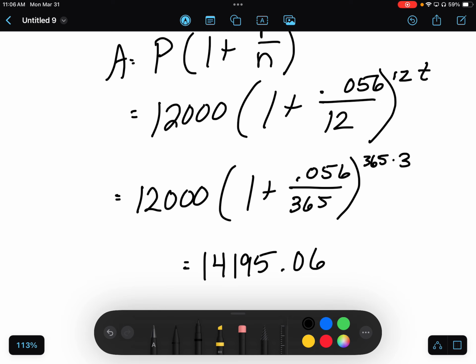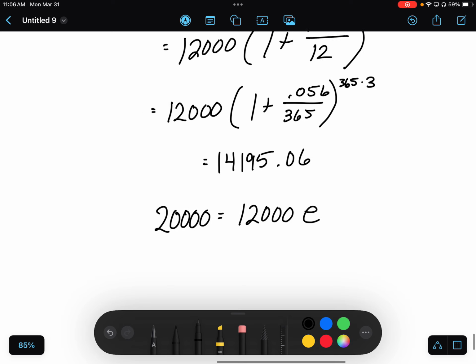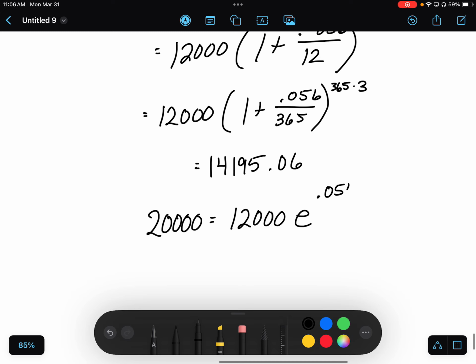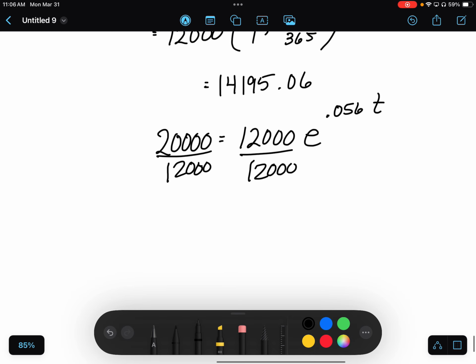Part C, how long will it take for the amount to go to 20,000 if it's compounded continuously? So continuously, remember, is the PERT. The rate was 0.056, and you don't know the time. So just like we did on the other ones, divide by 12,000 first. If I reduce that, what is that, 5/3?